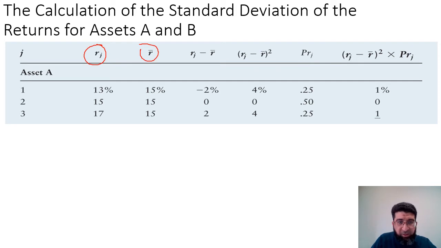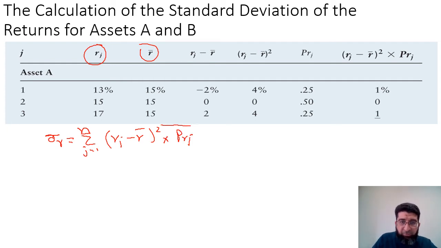I'll rewrite the formula: sigma r equals the summation of j equal to 1 up to n of (r j minus r bar) squared, multiplied by P of r j, the probability, and finally we take a square root to get the standard deviation.